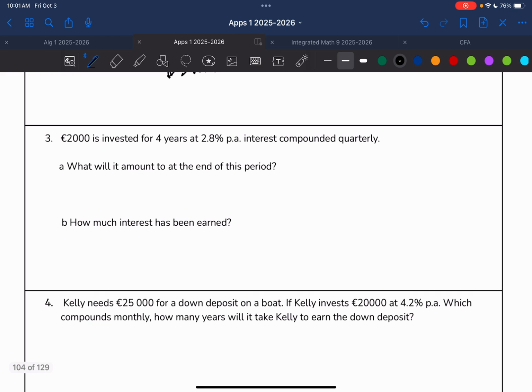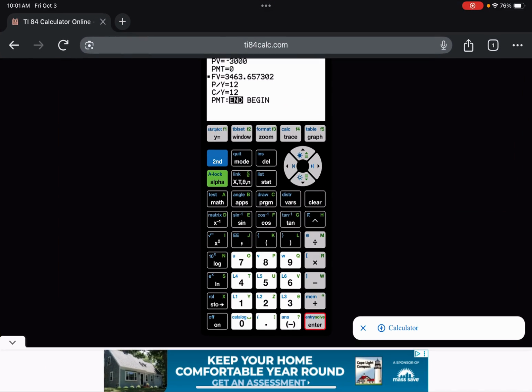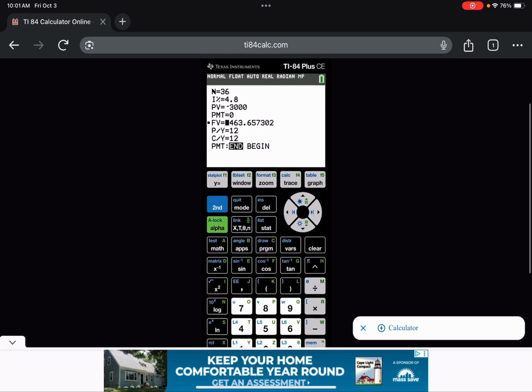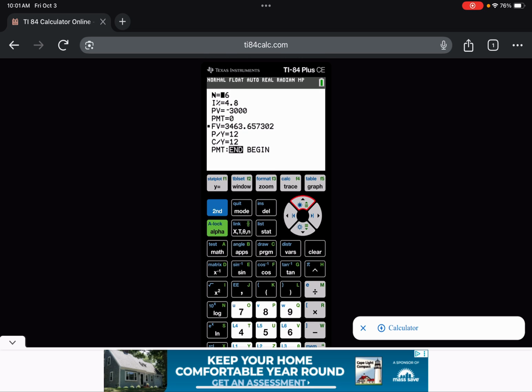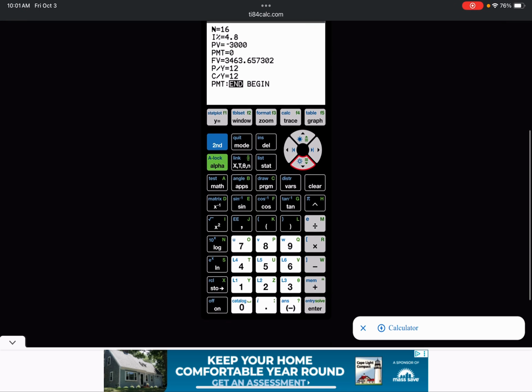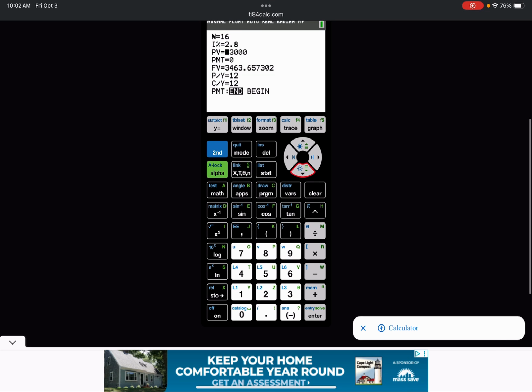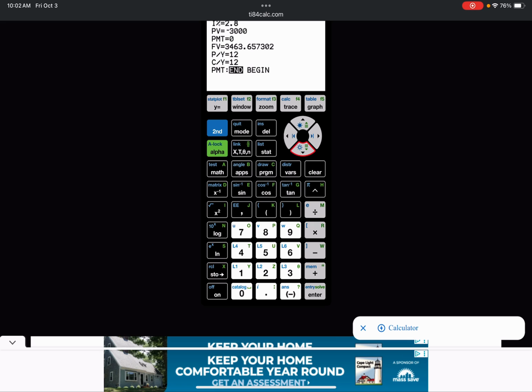All right. So now we have, I think that might be the sign. It's not the yen. I'm not sure what currency that is invested for 4 years at 2.8% interest compounded quarterly. What will it be at the end of the 4 years? So now we're doing quarterly, so we have 4 years and it's quarterly, so N should be 4 times 4 is 16 with an interest rate of 2.8, a present value of negative 2,000.